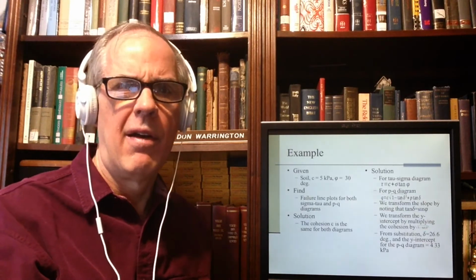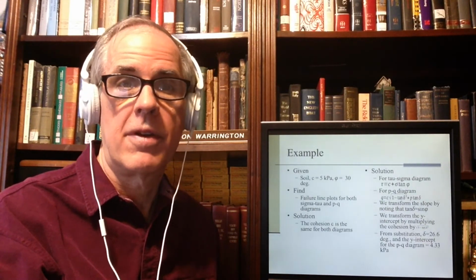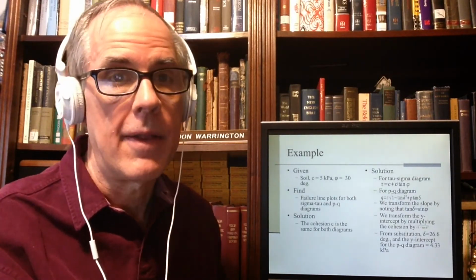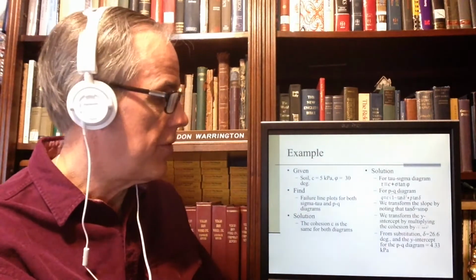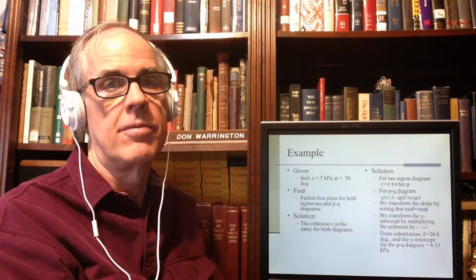However, you say, well, you didn't give us any principal stresses. You're right, I surely did not. But what I am going to give you is this. I've already given you the tau sigma diagram and the failure envelope you get out of that. All you need to do, this is a typical y equals mx plus b type of construction.